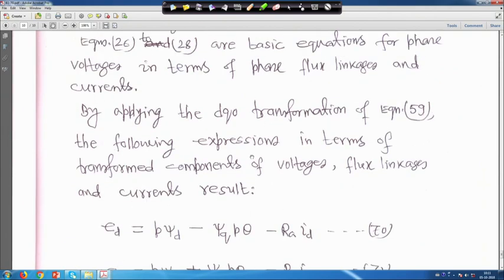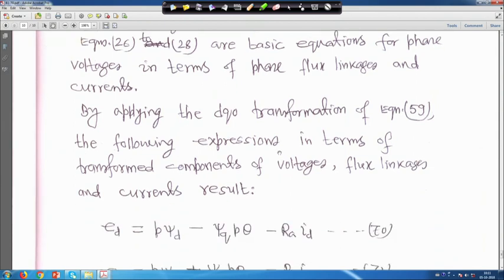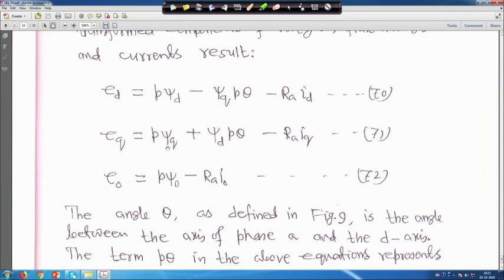So equations 26 to 28 are transformed into dq0 components, and using equation 59 we get Ed equal to P psi d minus psi q P theta minus RA ID. I will explain the meaning of P psi d and psi q P theta a little later. This is equation 70. Similarly, EQ is equal to P psi q plus psi d P theta minus RA IQ.